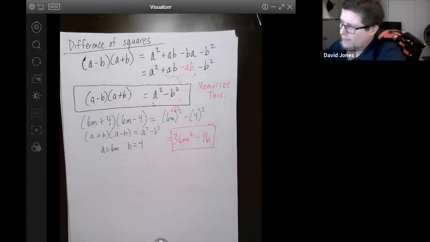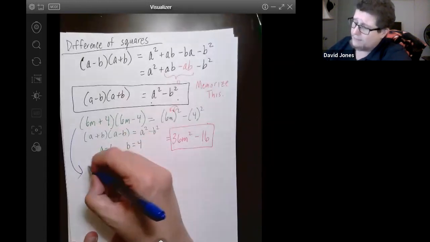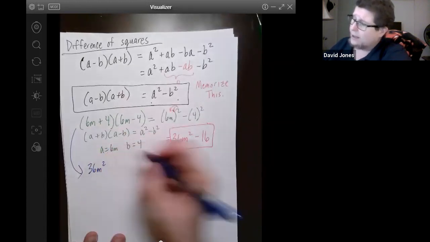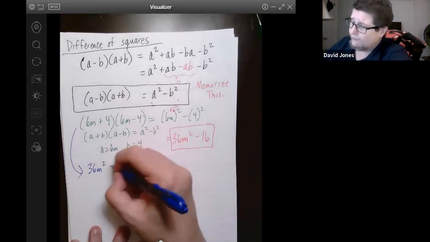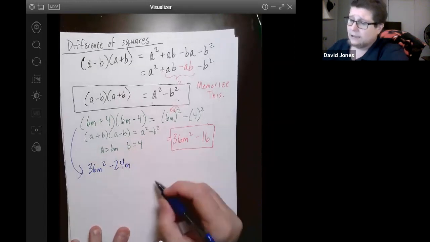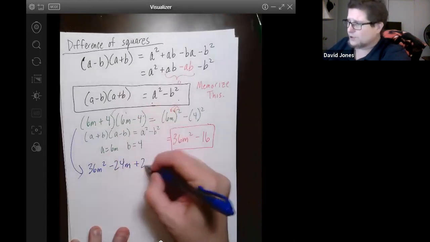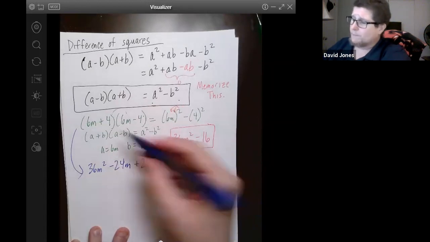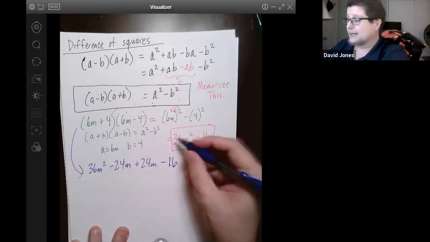If you don't believe me, you can work it out. We distribute: 6m times 6m is 36m squared. Then 6m times negative 4 is minus 24m. Then I do this one, 4 times 6m is plus 24m. And 4 times negative 4 is negative 16.